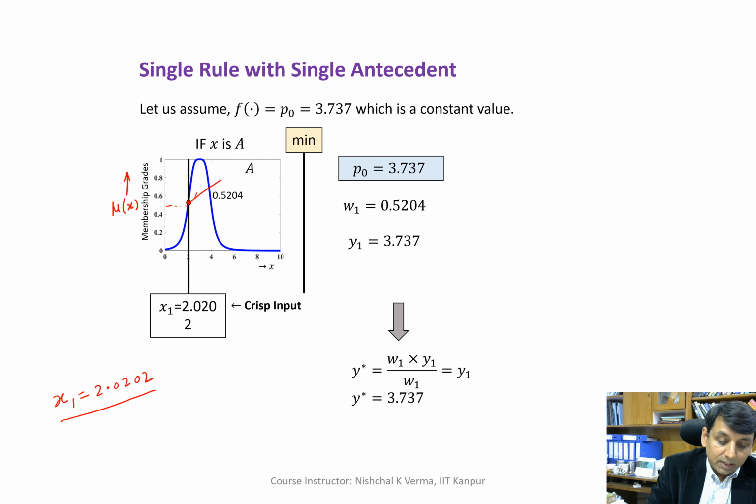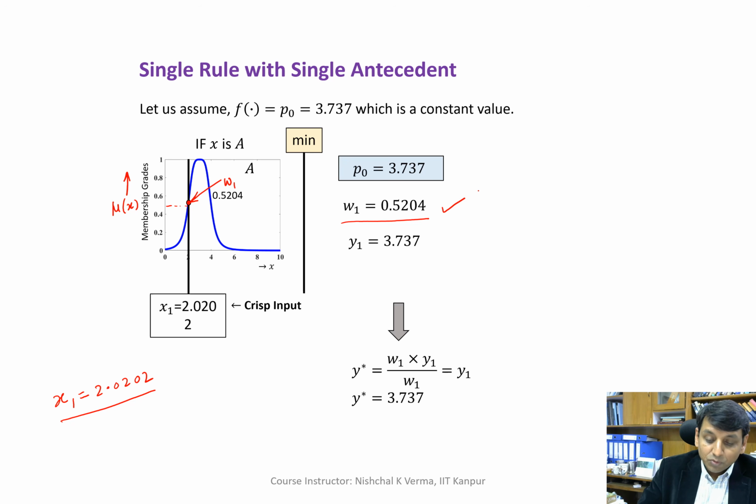So this is the intersection point, and this I can write as W1. Since we have only one antecedent, min is not applicable here.